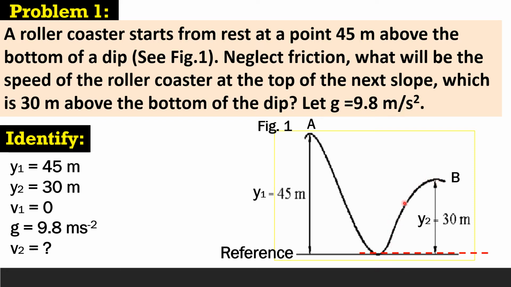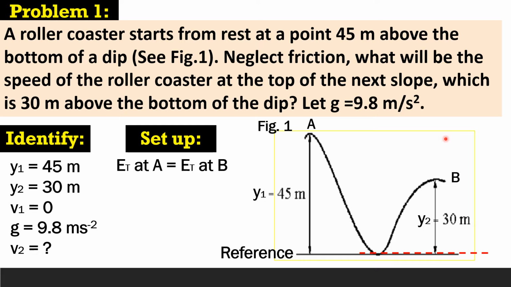So the principle that we are going to apply in this problem, of course, is the law of conservation of mechanical energy, which says that the total energy of the roller coaster at point A is equal to the total mechanical energy of the roller coaster at point B. For the total mechanical energy at point A, since the roller coaster is starting from rest, it has no initial kinetic energy.